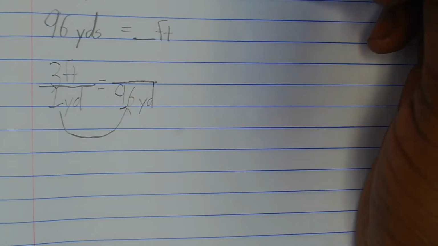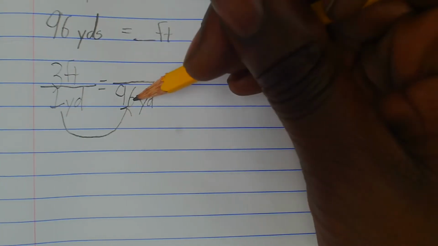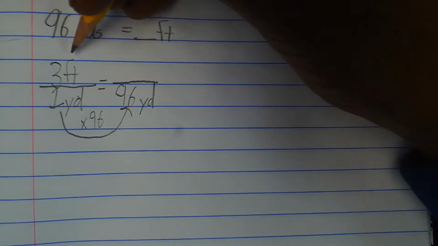So that means we have to write 96 yards here and find the relationship. If we multiply 1 times 96, we get 96. So that relationship here is times 96. And whatever we do to the denominator's relationship, we use in the numerator's relationship.